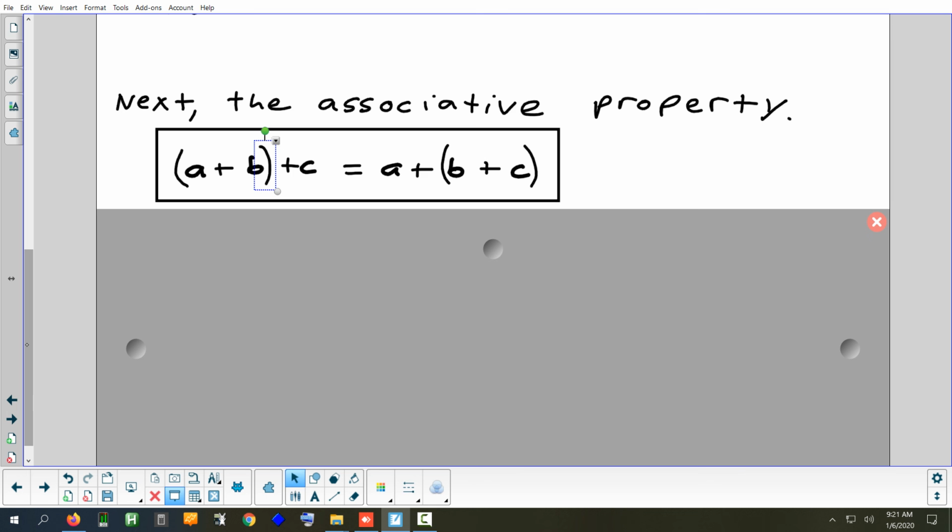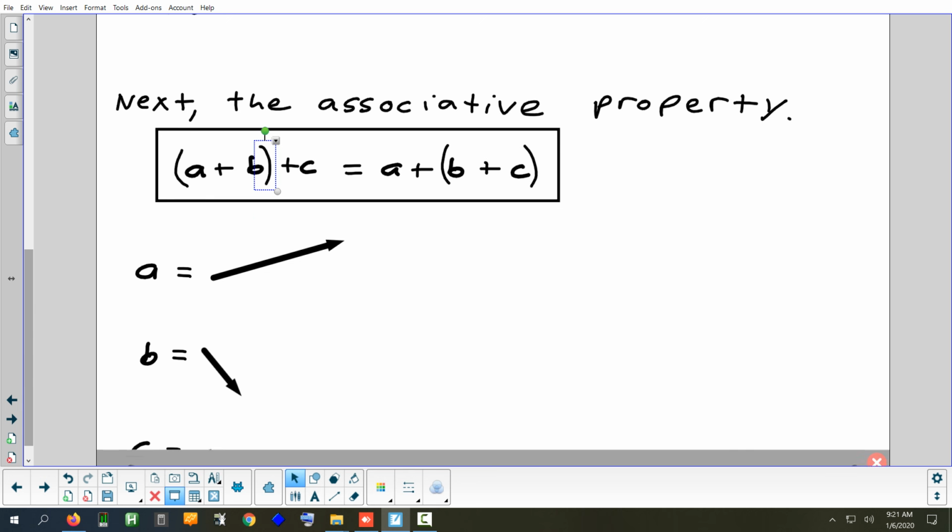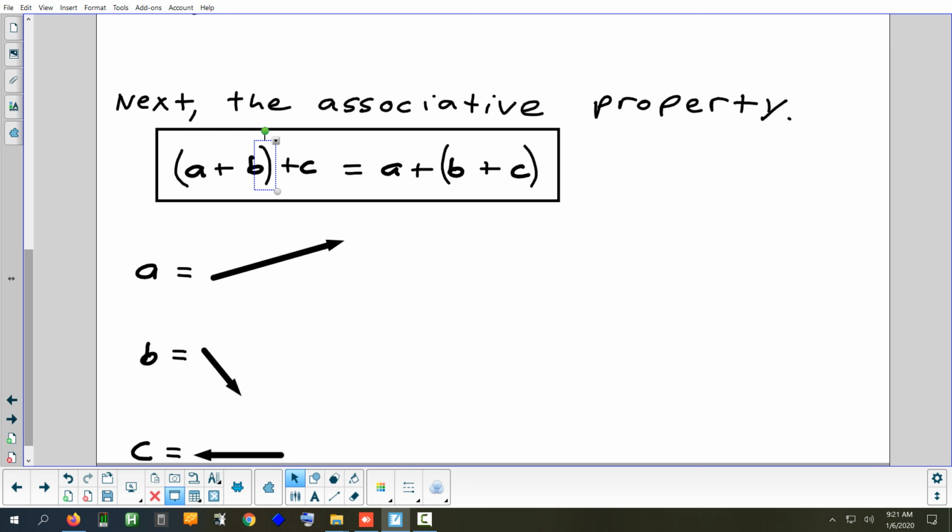Now, to show this, it's not really something you can easily copy down in your notebook because I'm just going to be dragging things around on the screen. So, here are our three vectors. If we do it the way that's on the left, the grouping symbols say add A and B first. So if I take A and B and add them up, I get that. I'll put that over there.